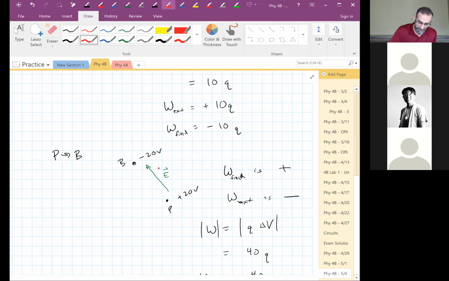I release a positive charge there. What direction does it go? In the direction of the field. So the field is doing positive work. It's pushing the particle in the direction it's moving, doing positive work.